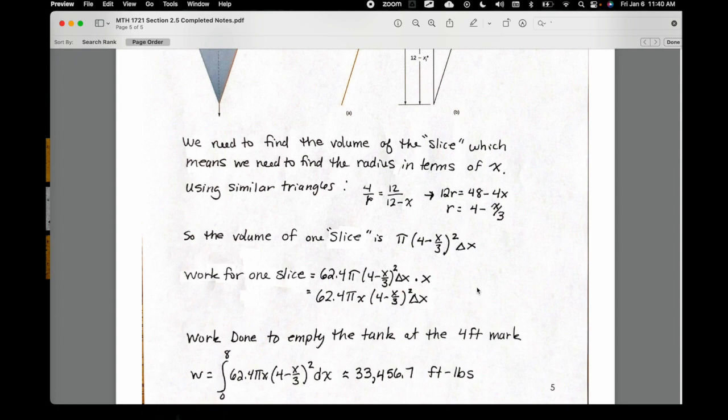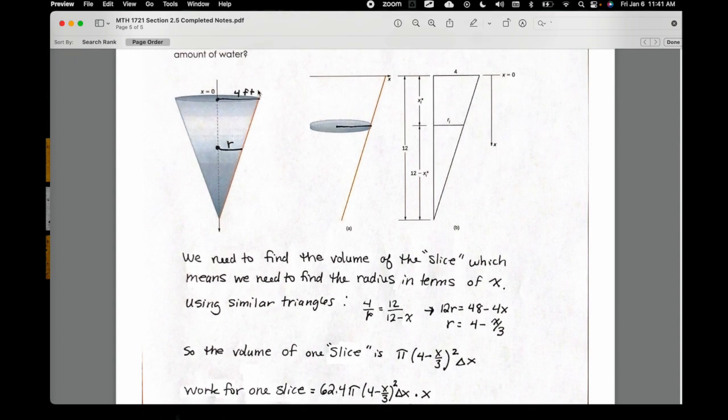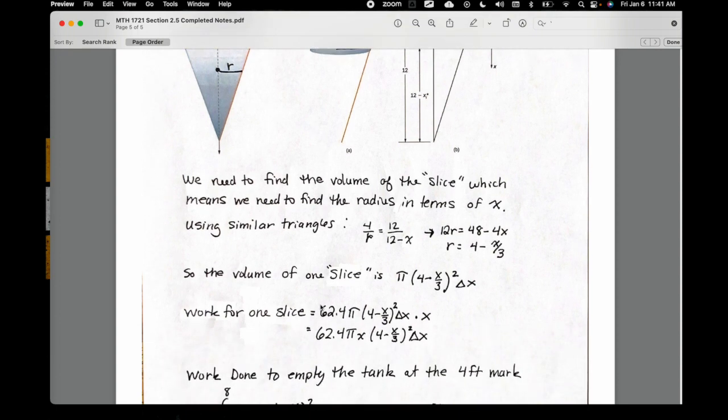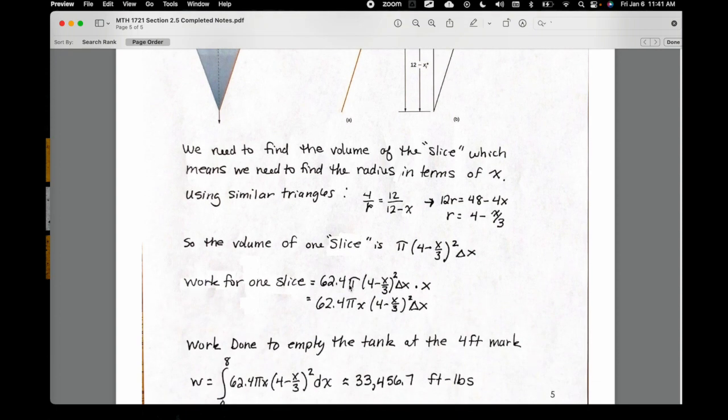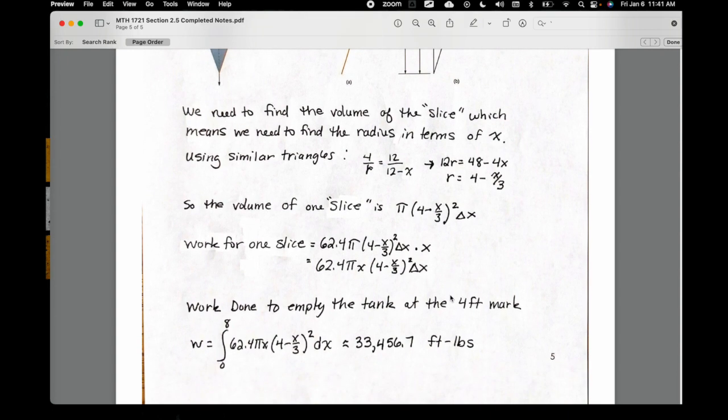And then to find the work for one slice, we have to use either 9800 or the 62.4 value, and multiply it by the volume and then times x, which is the distance it needs to move. Now, because in this case we're using feet, we're going to use the English system units, which is the 62.4, and then we multiply it by the volume and then times x, which is the distance it's going to move for that slice.